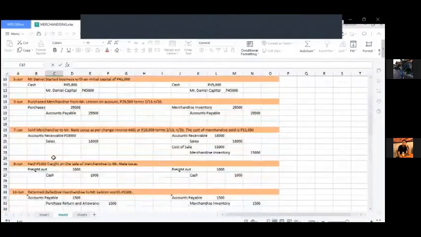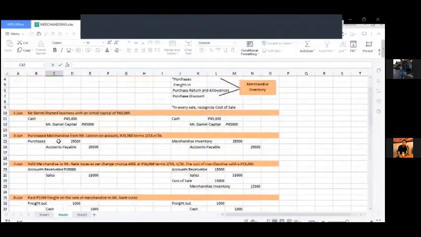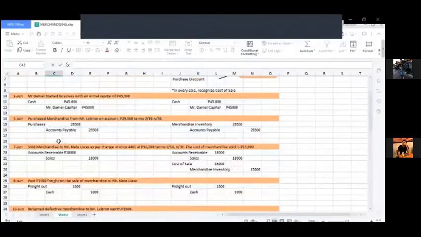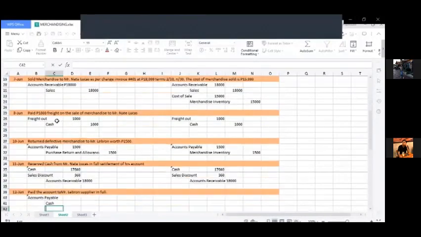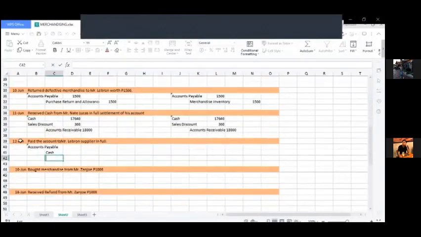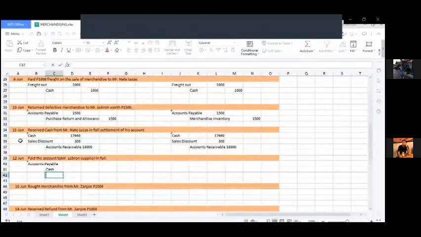So, titignan natin kung pasok ba tayo sa kung may discount ba tayo. So, June 3 and nagbayad tayo ng June 12. 3, 4, 5, 6, 7, 8, 9, 10, 11, 12. So, 9 days. So, pasok siya sa discount period. Cash and may purchase discount tayo.